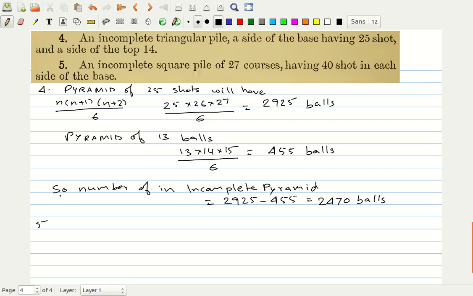Question number 5 is similar. We have an incomplete square pile of 27 courses having 40 shots in each side of the base. Okay, so we have 40 shots in the base. So if the pyramid were complete, that will be simply n times n plus 1 times 2n plus 1 divided by 6.